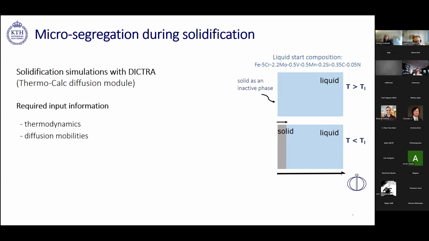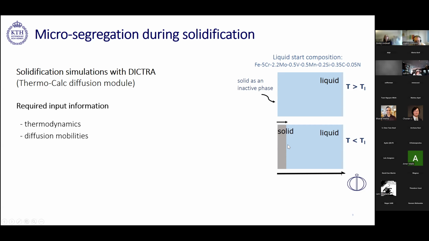In the case when we want to do a solidification simulation, you would start with a computational cell that is fully liquid at a high temperature. Then as the temperature decreases, a solid phase can form, and you create this interface here, which you can then follow during the solidification.